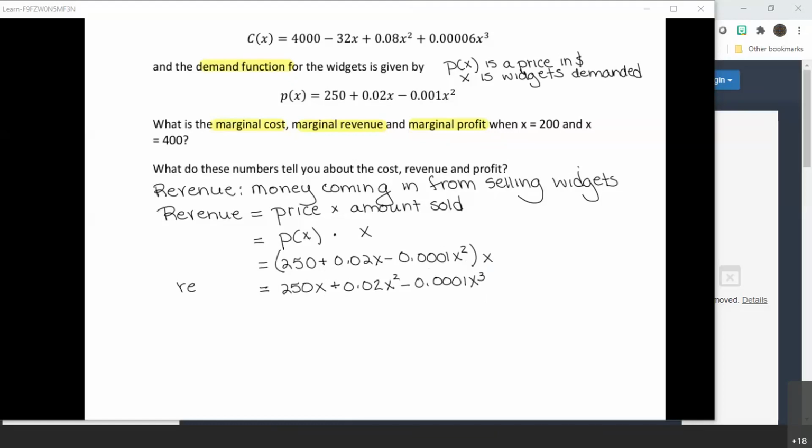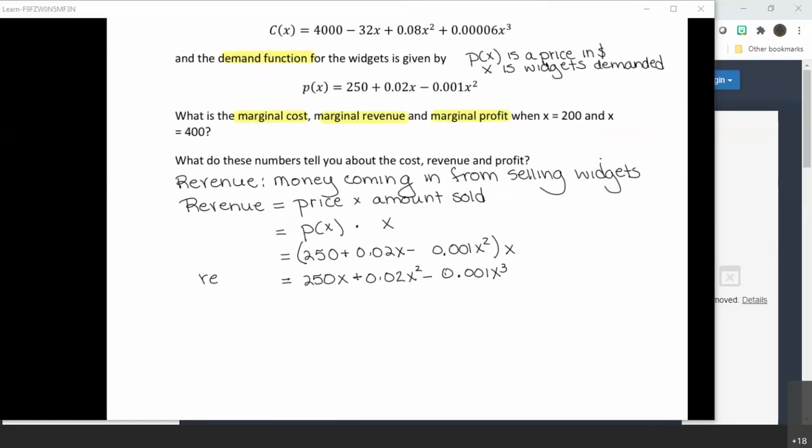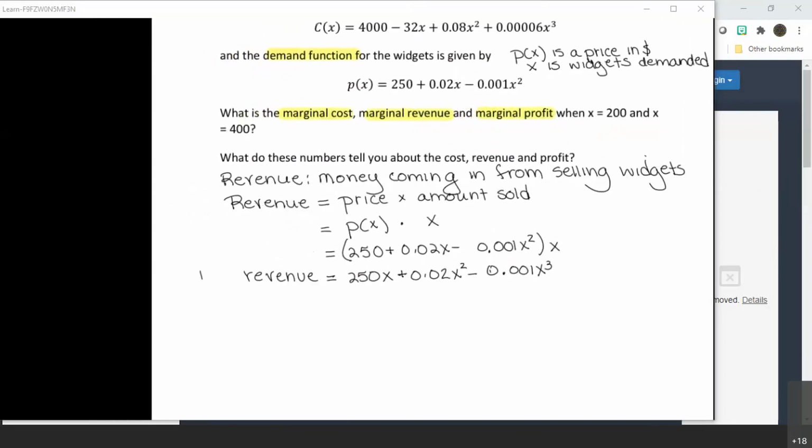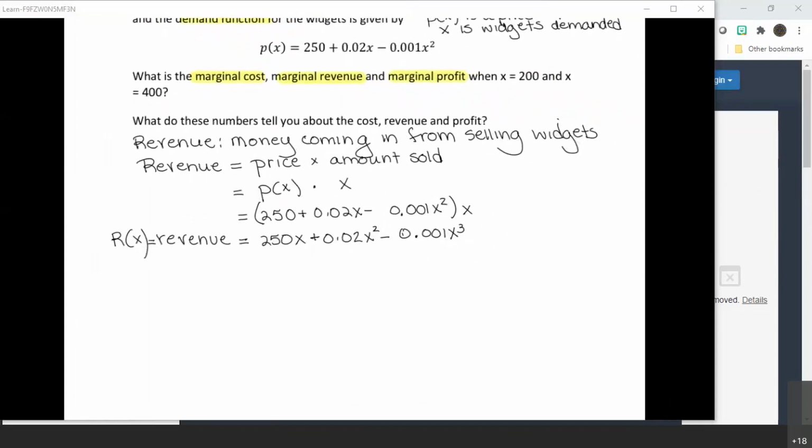That would have made things nasty. So here's revenue, and I can write that as R of X, because it's a function of X.